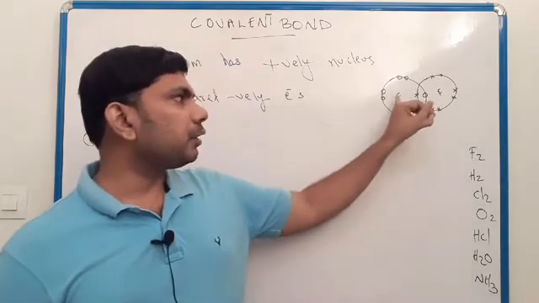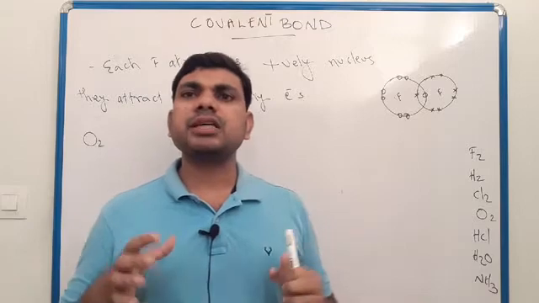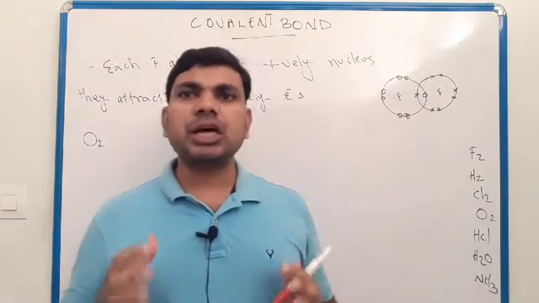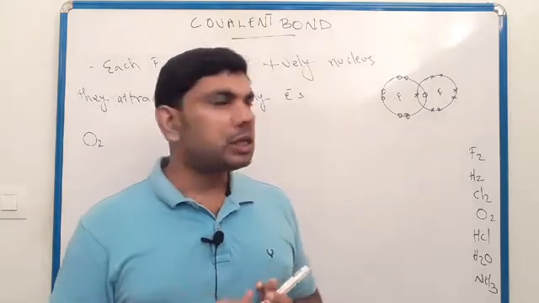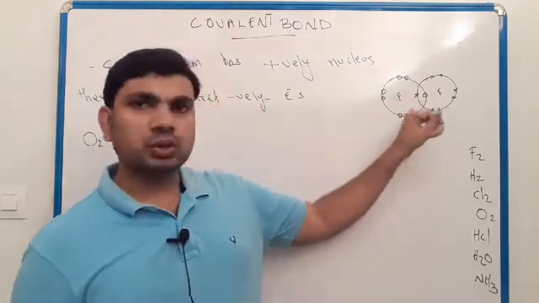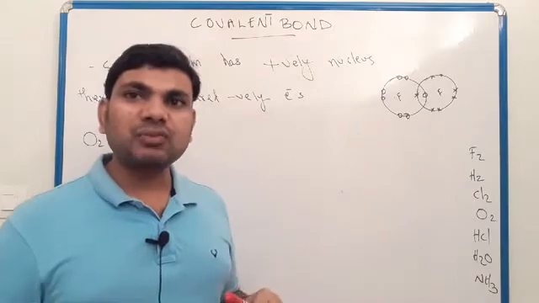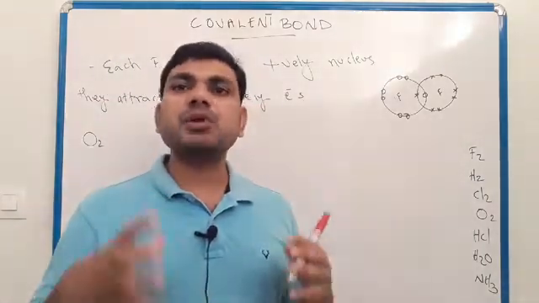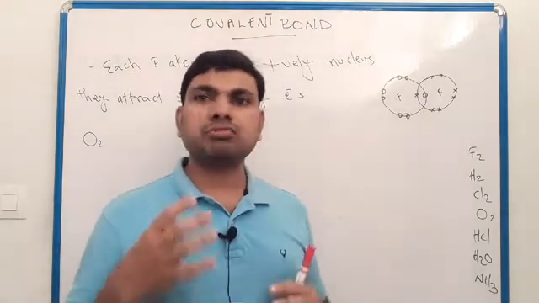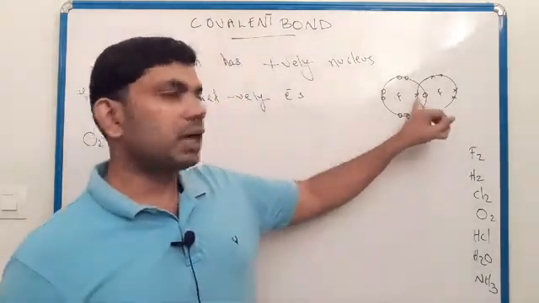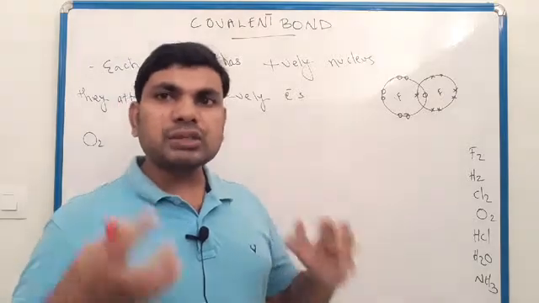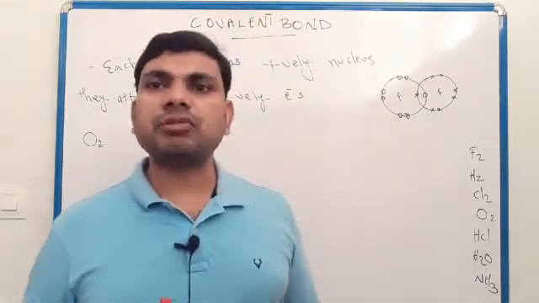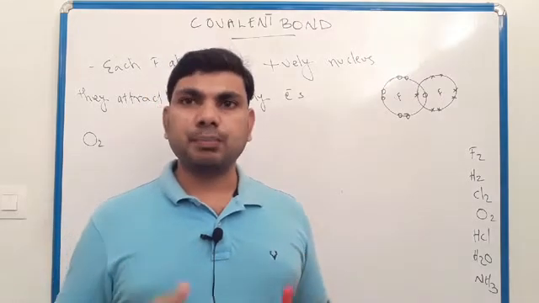We know in the middle of each fluorine atom there is a positively charged nucleus, and this positively charged nucleus attracts negatively charged electrons. Each fluorine atom attracts the other, and this force of attraction is called a covalent bond.